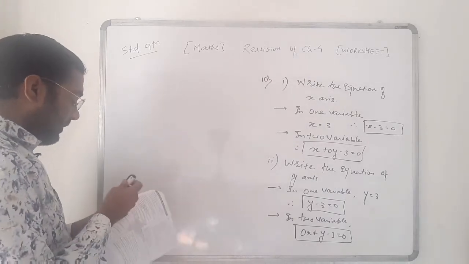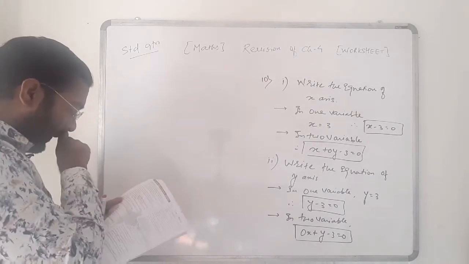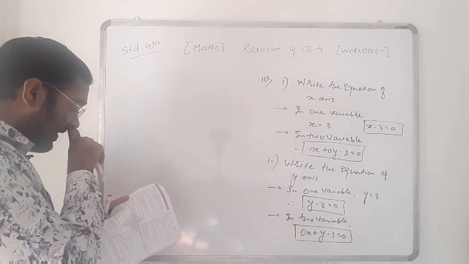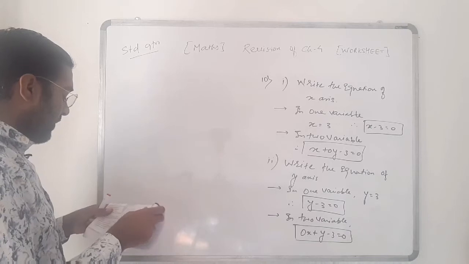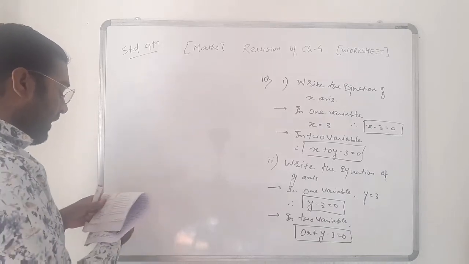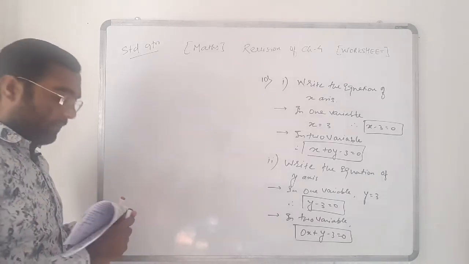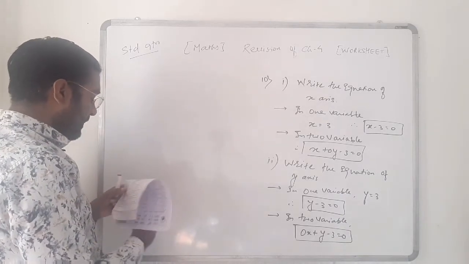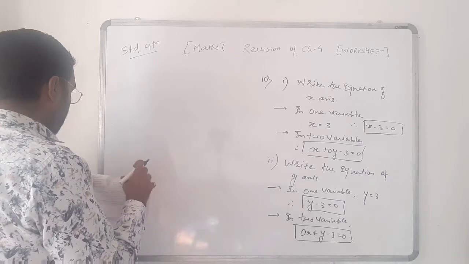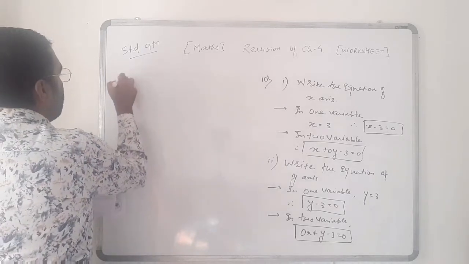Question number 11: express minus 2x plus 3 by 2y minus 4 in the form of ax plus by plus c equal to 0, and write the values of a, b, c. So we are writing the question first of all here.